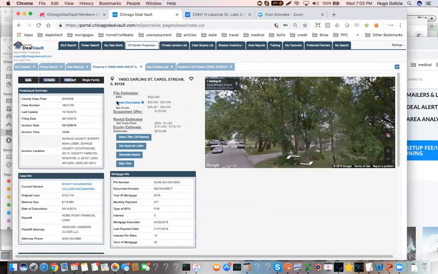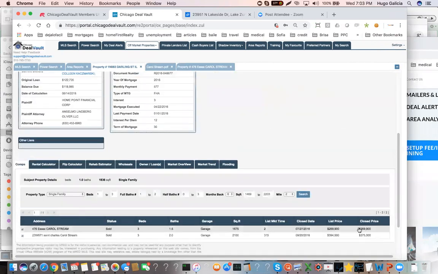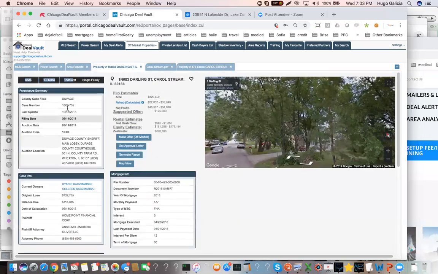So for sure, I know our property is not worth more than 300,000. I would say it's closer to 270 to 285. I believe it's not worth over 300,000, and this property sold in 2 days. So totally, this property could be worth between 270, I would say, up to 290.